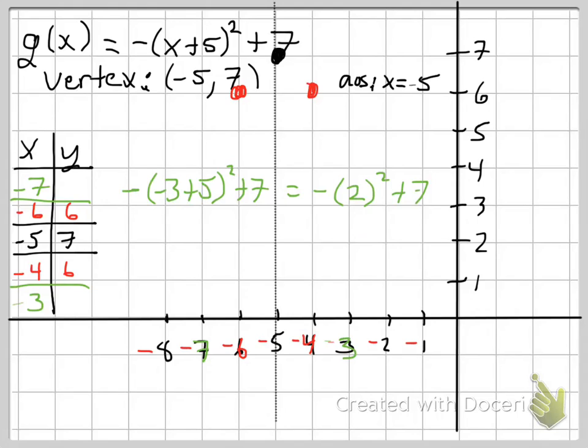We'll square first, so we get negative 4 plus 7, and what we have left is 3. Now if we plug in negative 7, then the result here would be a negative 2. And we would square negative 2 first, and we get negative 4, and we come out with the same outcome.